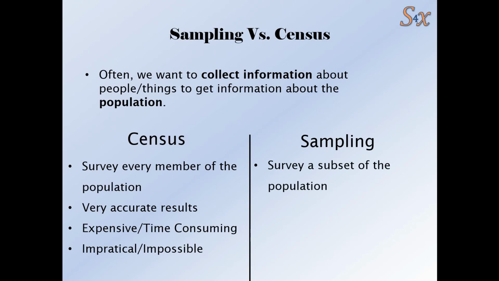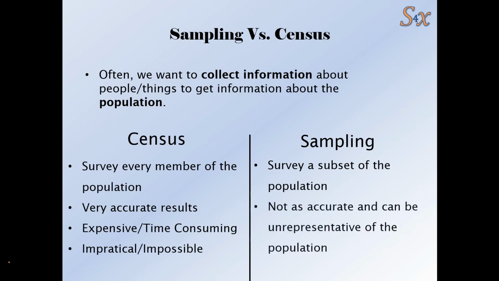Sampling, on the other hand, involves surveying a subset of the population. So surveying some members of the population. How many members we survey depends on what we want to sample, what we want to find out. Unfortunately, they're not as accurate. They're obviously not going to be as accurate as surveying everyone. And if we're not careful, they can be unrepresentative of the population.